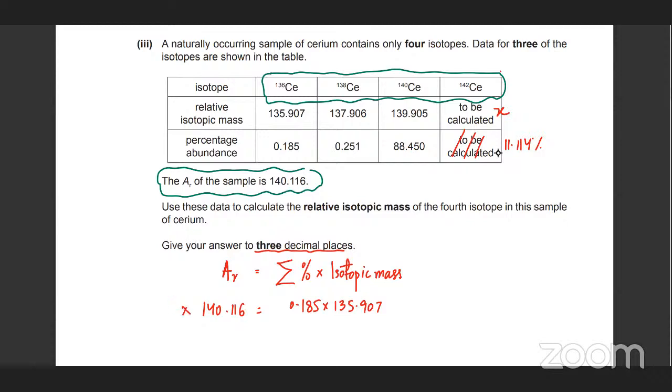I'm going to take the 100 over here. The next one is, so I've multiplied these two, that's 137.906 into 0.251. Next is 139.905.